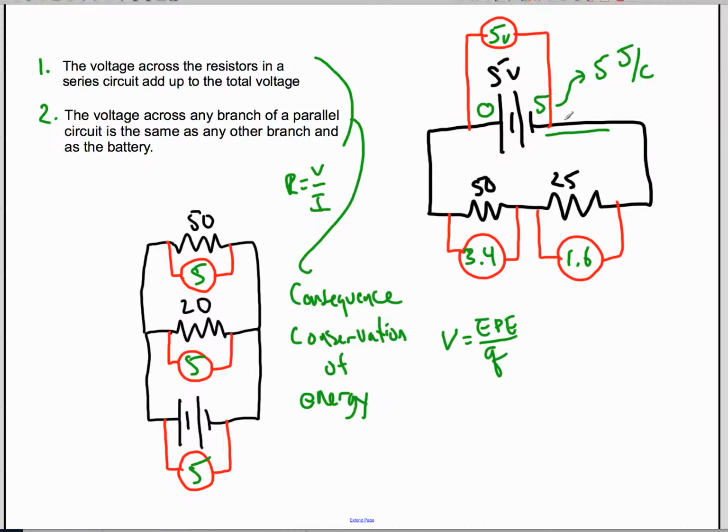Now as that charge, which is carrying 5 joules of energy per coulomb, moves through these wires, assuming the wire's resistance is 0, we'll have no transfer of that energy to thermal storage, and so every coulomb of charge all through these wires still carries 5 joules per coulomb.